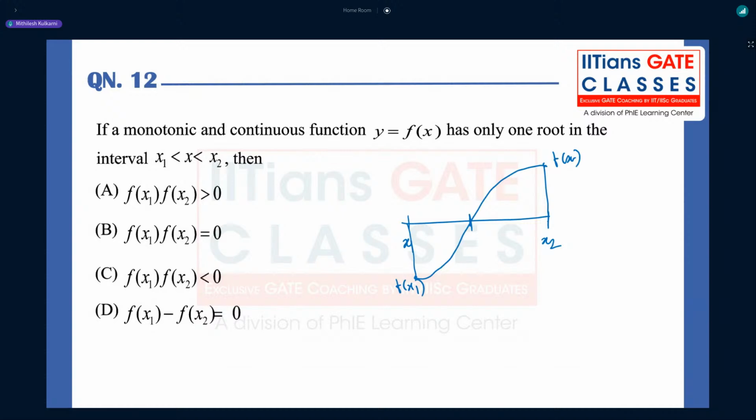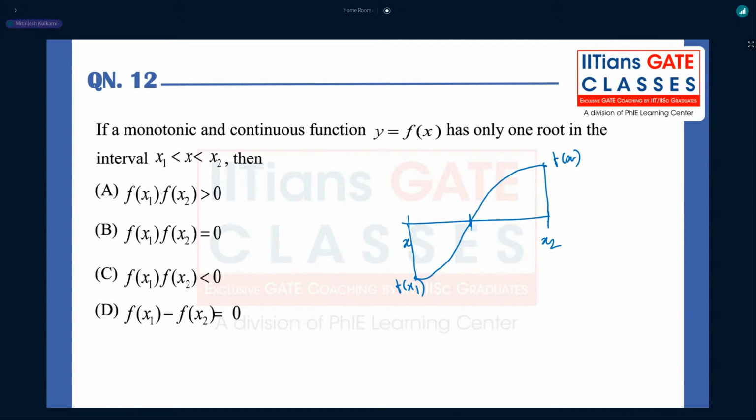So in order to have only one root in the interval x1 to x2, the function has to cross the x-axis within this interval x1 to x2 only once. Okay, and hence on one side we'll get a negative function, and on the other side we'll get the positive function.